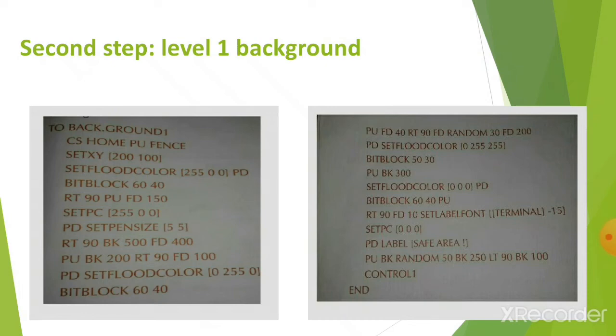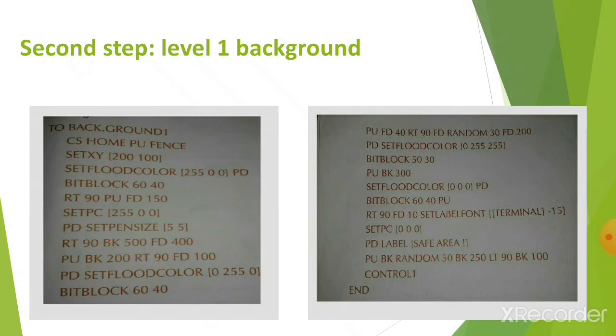So here we are going to set the background color spots, where the color squares are to appear and where the safe area is. So this is all designed in the second step. In this, the procedure is named background1.